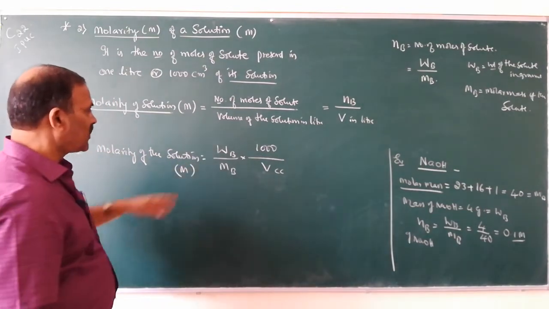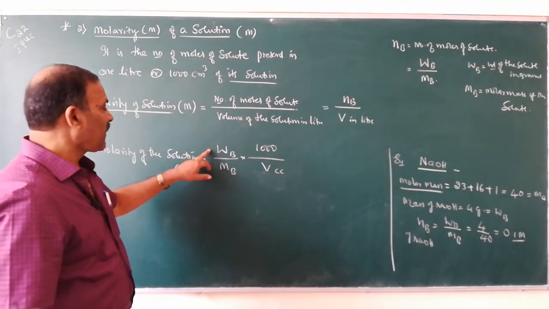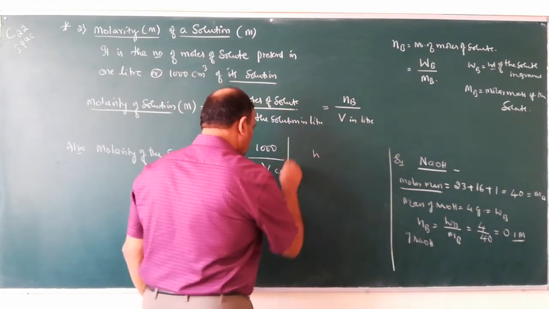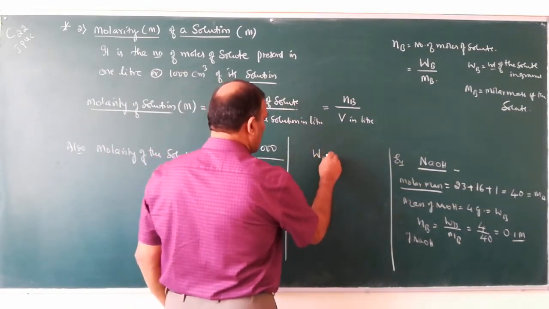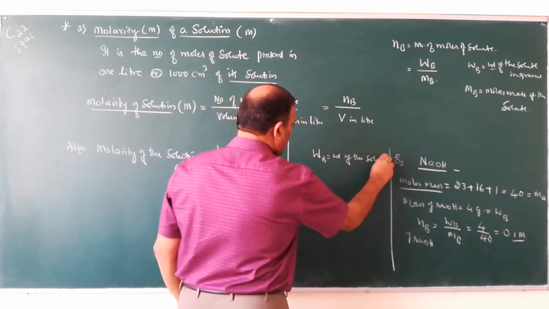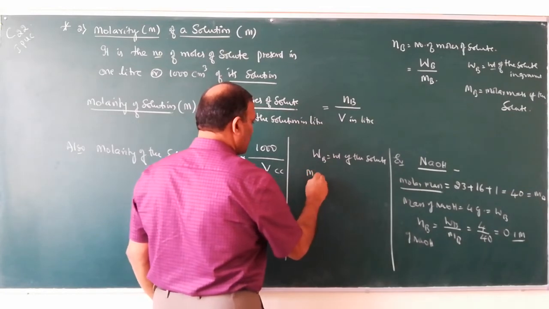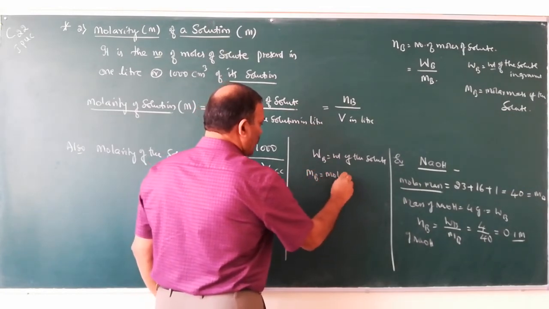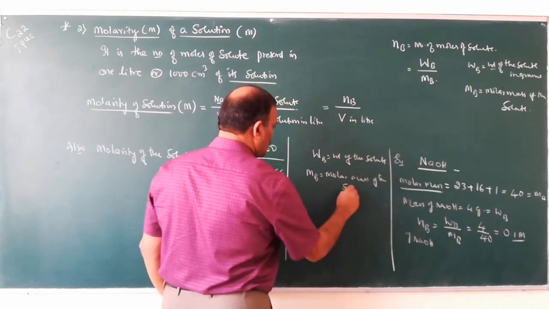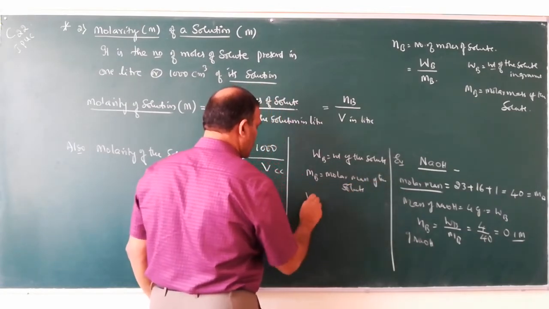Molarity of the solution equals, what is WB? Here WB equals weight of the solute, and MB equals molar mass of the solute.